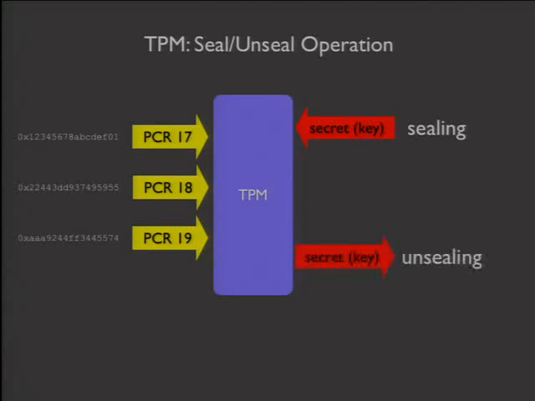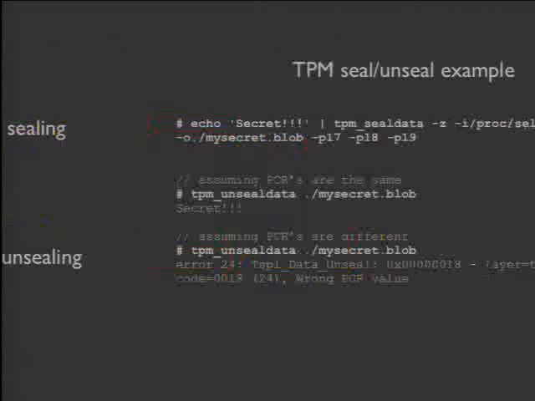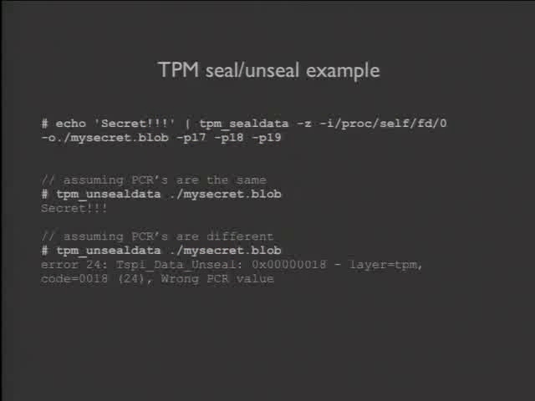And we're going to show you some live demos that basically use the TPM seal and unseal programs. So you see an example. Well, this is a piece of text. We want to seal a piece of text by a TPM. So we just echo secret, pipe it to tpm_sealdata, this is standard in, and we seal it to my secret blob file.